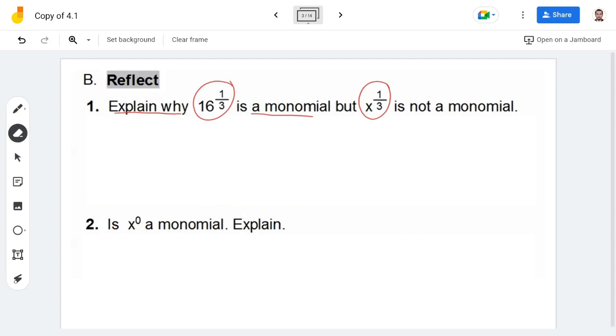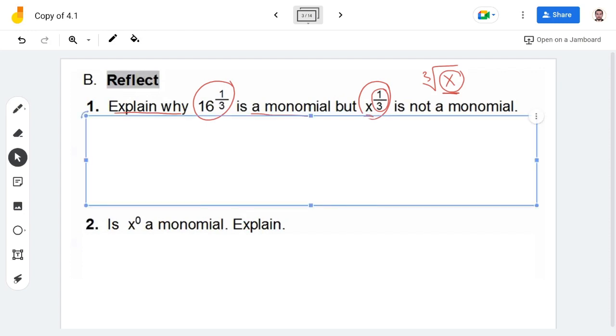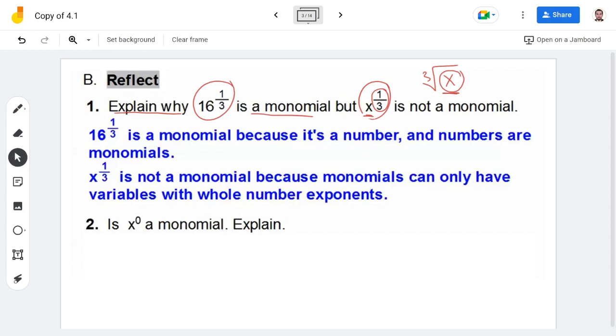But here, the variable x has a fractional power. This is the cube root of x, so x is a variable under the root, or there is a fractional power for a variable. So that's why x to the power 1 over 3 is not a monomial, but 16 to the power 1 over 3 is a monomial.